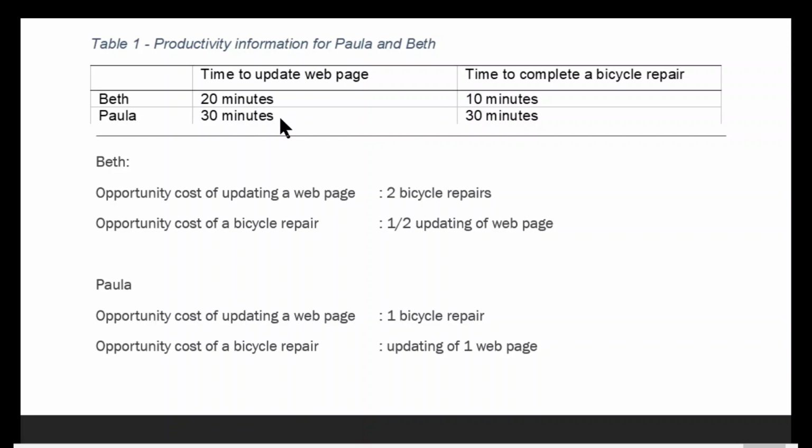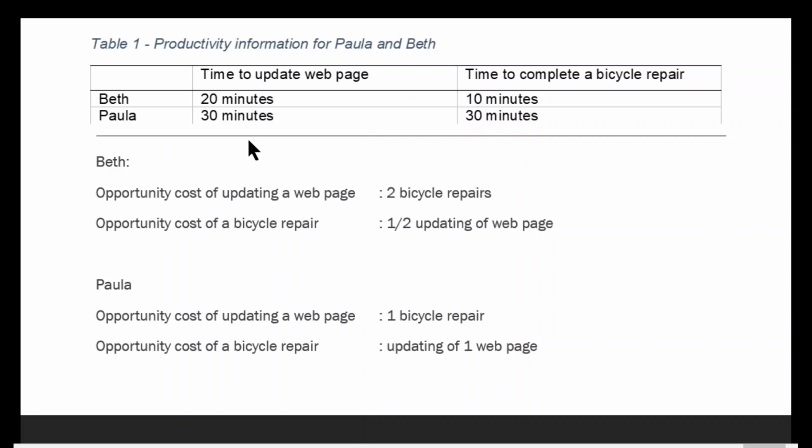And by updating a web page, she could have done a bicycle repair, which will also take her 30 minutes. So if we get the ratio, that is the same amount of time. So 1 web page is equivalent to 1 bicycle repair.